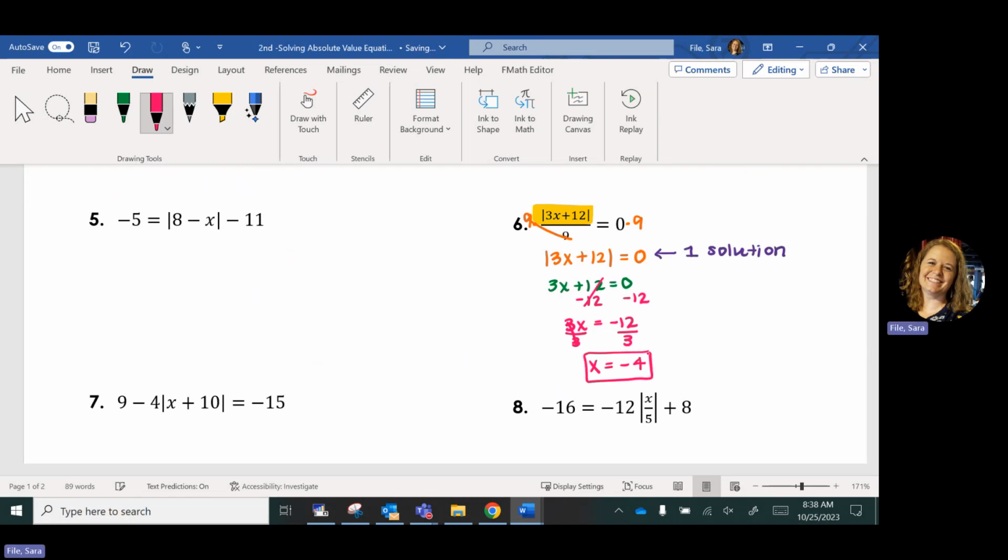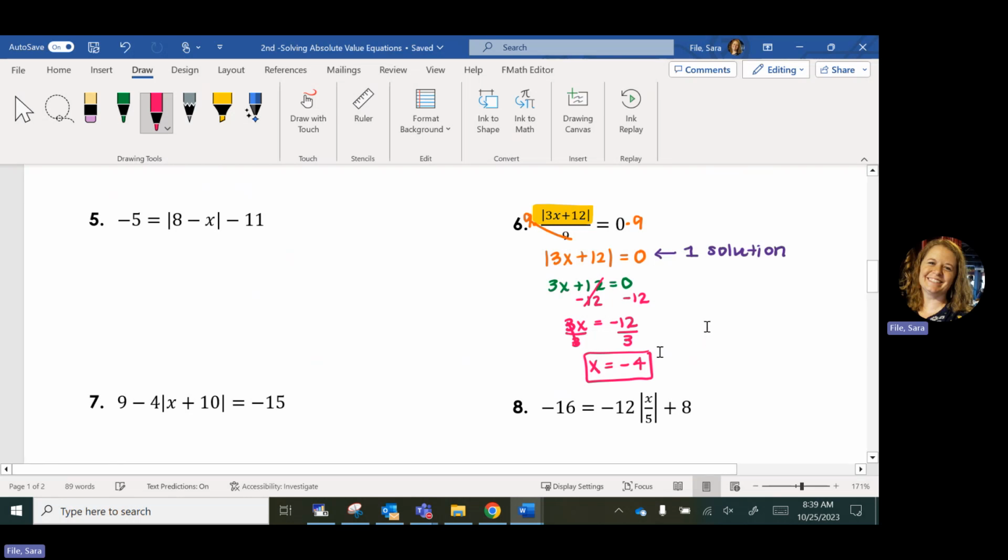There it is. Thank you. So I have one solution. Now I could check that graphically, or I could plug it in and check it. Okay. I'm going to leave that to y'all to check before you submit your final answers. One solution. So when you go to input this on Canvas, it's going to say x equals, and then there's going to be a blank, and you'll just type in your -4.